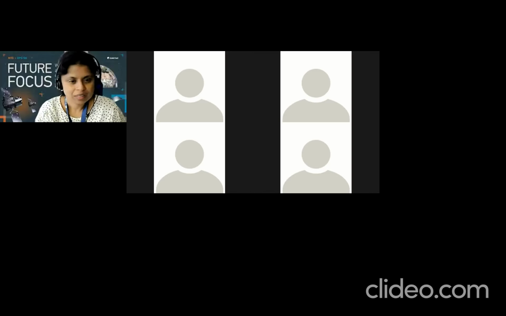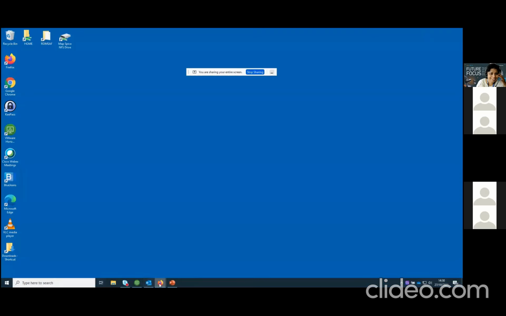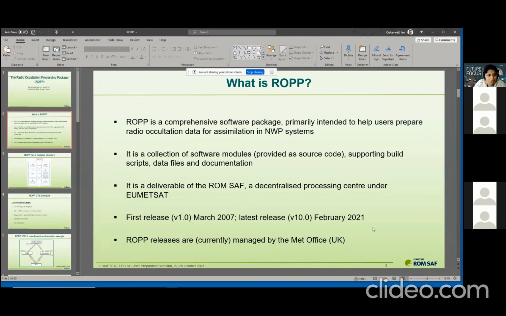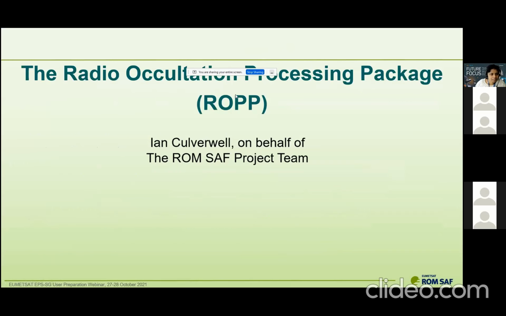Try the way you tried before, sharing the entire screen. Window or screen, entire screen. Let's allow. Do you see this now? Yes, but put it in full screen mode. You got it now? Yes. You can start, the first slide is up there, so you can start straight away, and good luck.